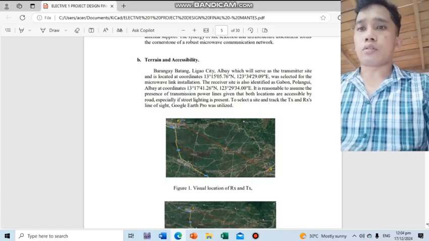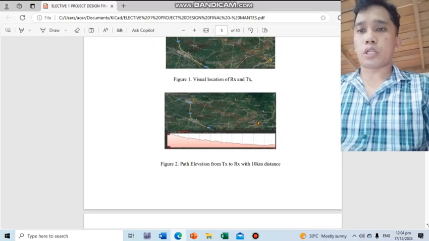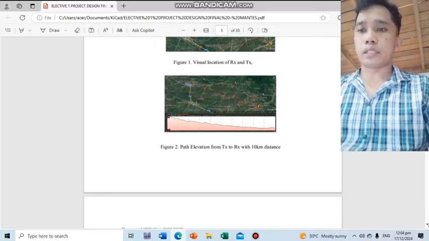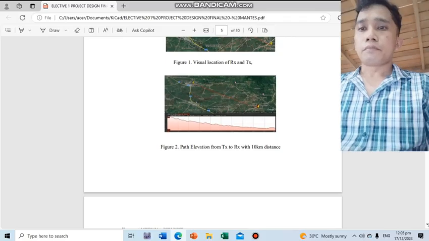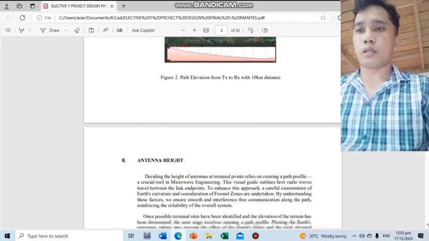In Batang, Ligao City, the transmitter site is located, and in Gabon, Pulangi, Albay, the receiver is located. So this is a visual of the locations, and then the elevation profile from the transmitter, showing that there is no obstacle in the line of sight to hinder the signal.